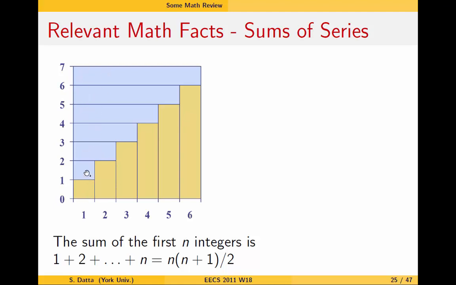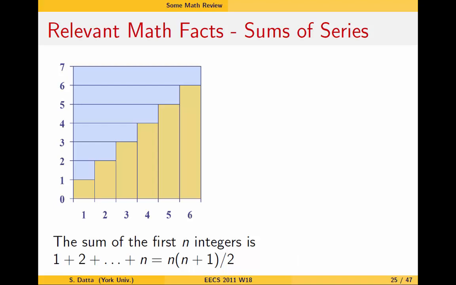So this is 1, this is 1, this is 2, this is 2, 3, 3, 4, 4, 5, 5, 6, 6, etc. The blue and the green are equal. Together, if you have n here, you have n plus 1 here, so the total area is n times n plus 1. Half of that is n times n plus 1 over 2.